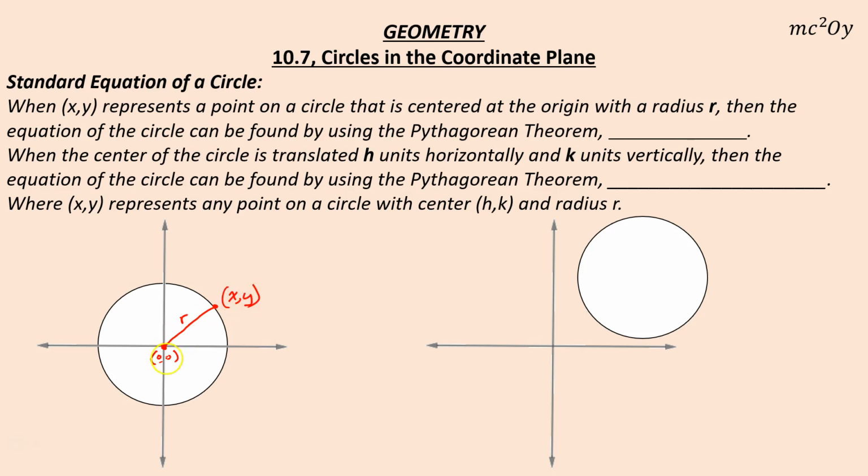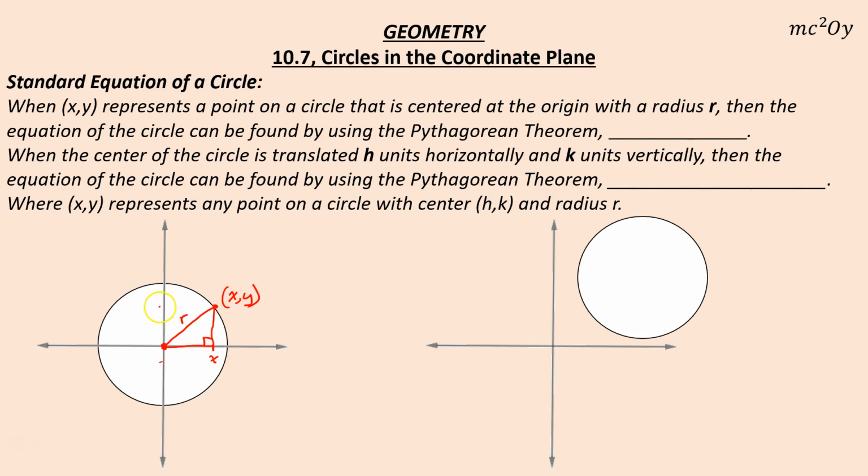Now I'm going to get rid of that 0, 0. The equation of the circle can be found using the Pythagorean theorem. The way we do that is to sketch a right triangle in here. Notice this side has a length of x, because from 0 to x is x.